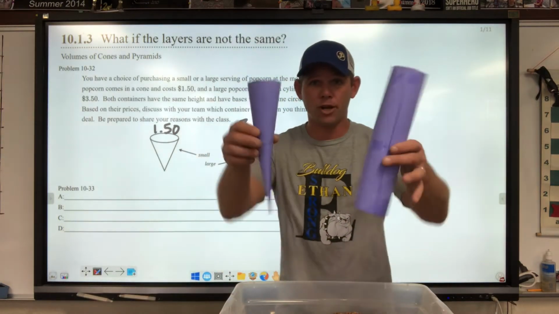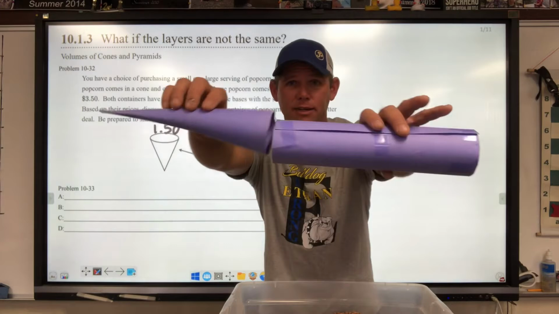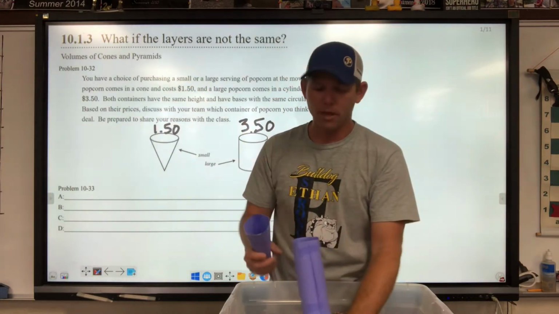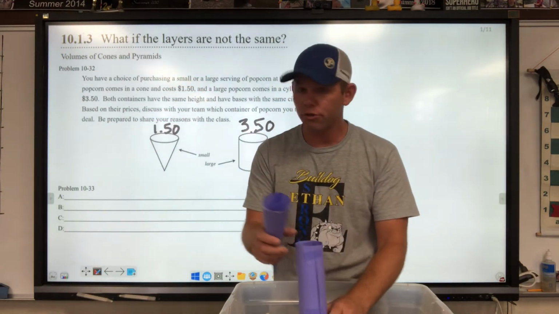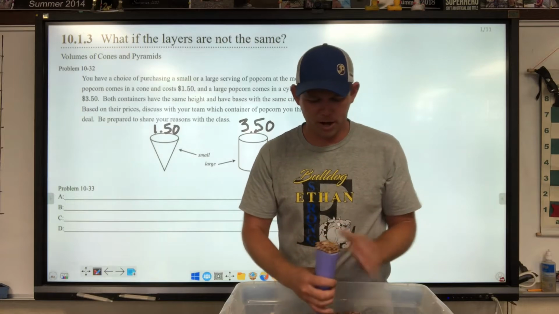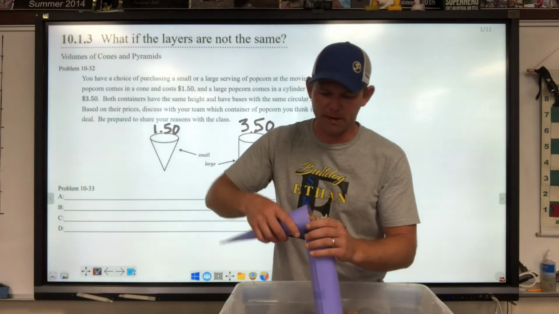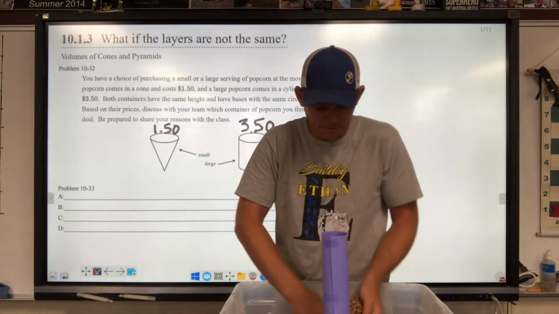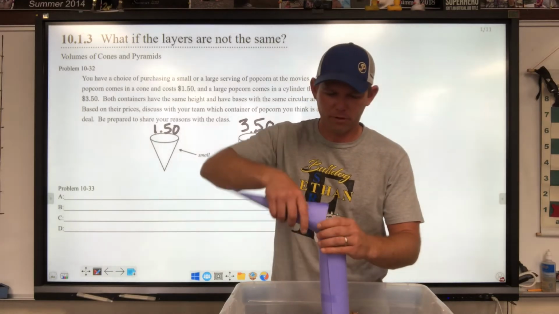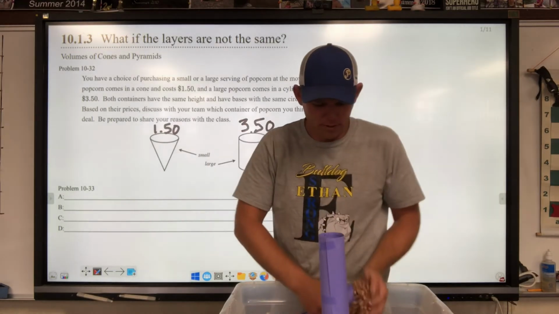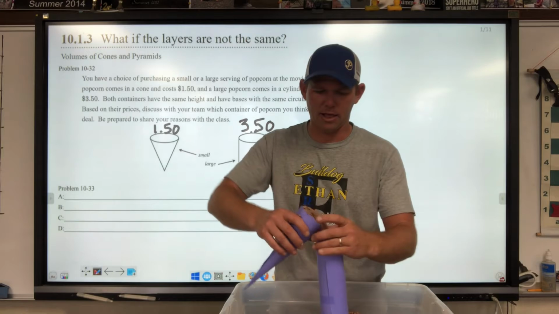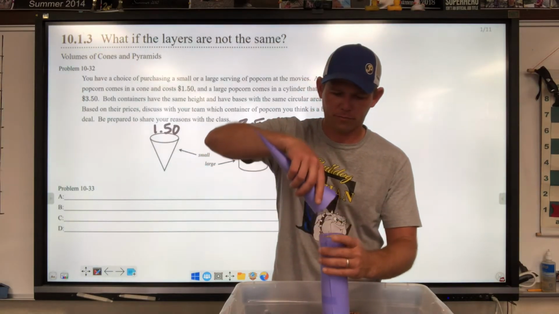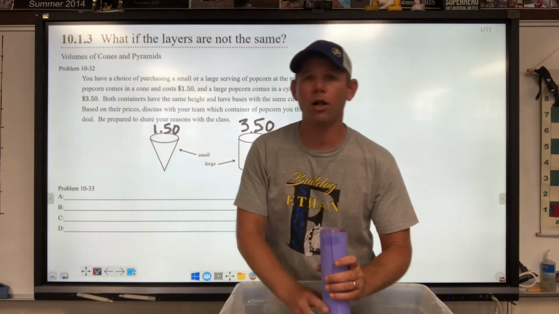So, here's another one. Matching height, matching diameter. Is it also 3? Well, when I take my cone and I fill it, and I dump, fill, dump. One more. Spilled too many on that last one. Get them all out.